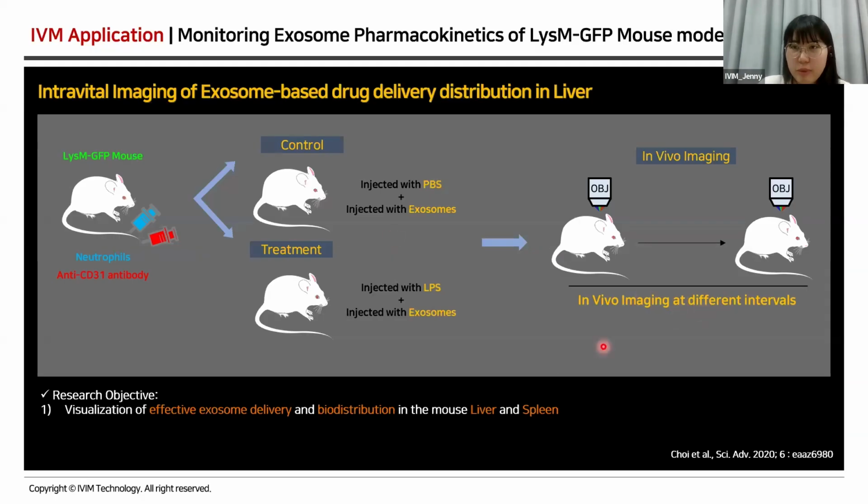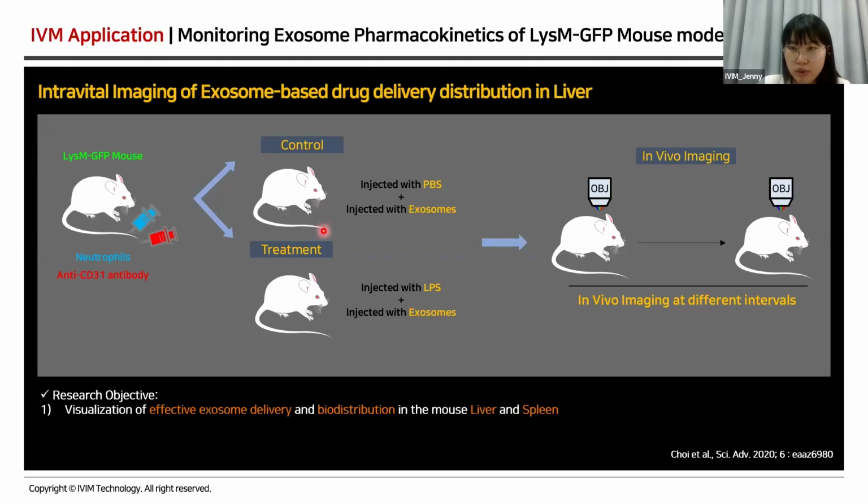So for the first experiment, we used a LysM-GFP transgenic mouse to visualize the immune cells. And we also used IVM Technology's labeling kits that utilize the Ly6G antibody and CD31 antibody to further visualize neutrophils and the blood vessels, respectively. Then the mice were divided into two separate groups, and one group was injected with PBS as a control.